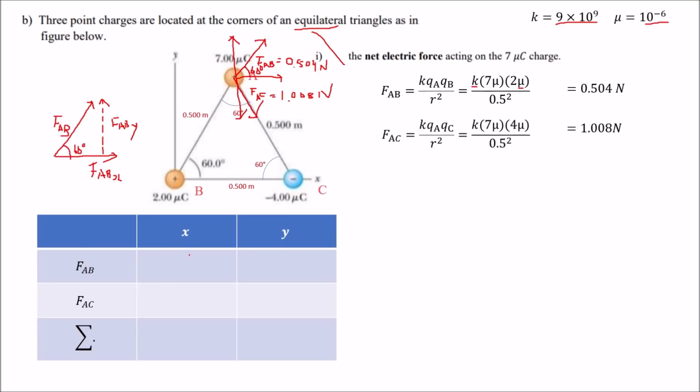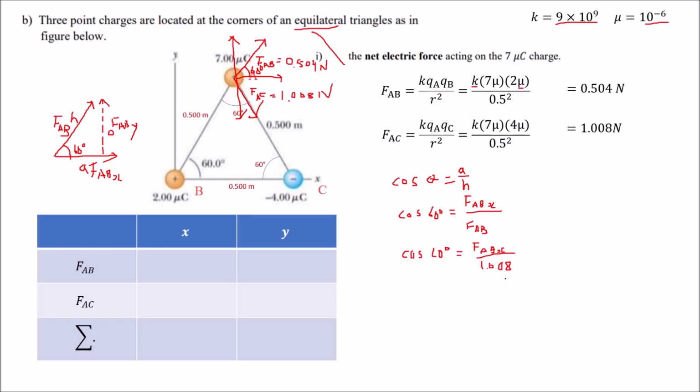So how do we find the x component of FAB? We will want to use cos, because cos angle will be equal to adjacent over hypotenuse. Here will be the adjacent, here will be the hypotenuse, here will be the opposite. So cos 60 degrees will equal FABX, which is the adjacent, over FAB, which is the hypotenuse.